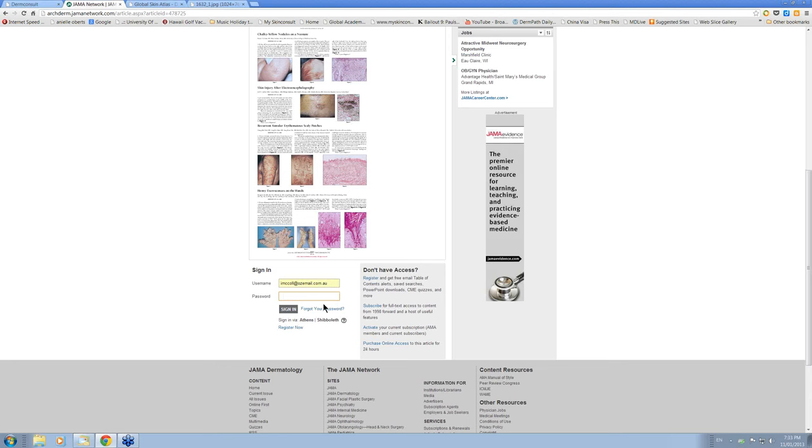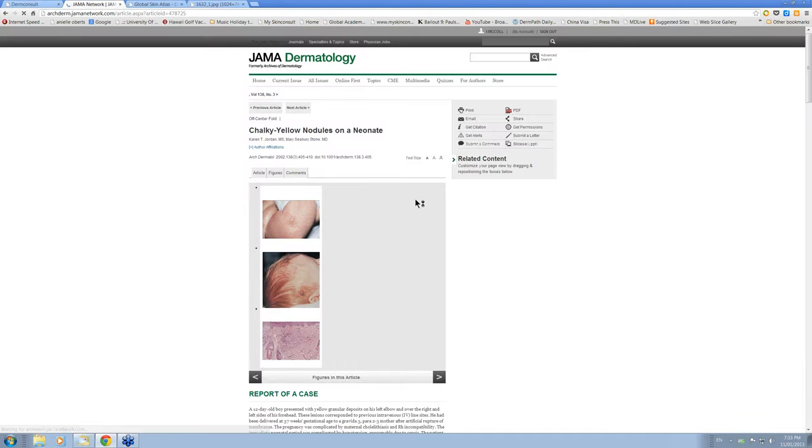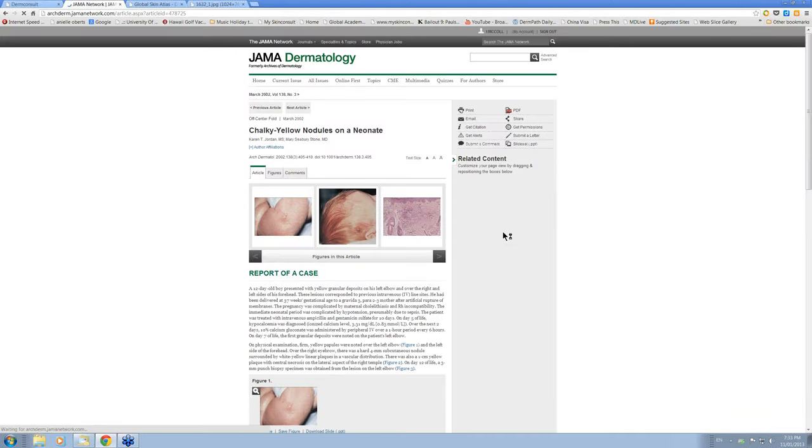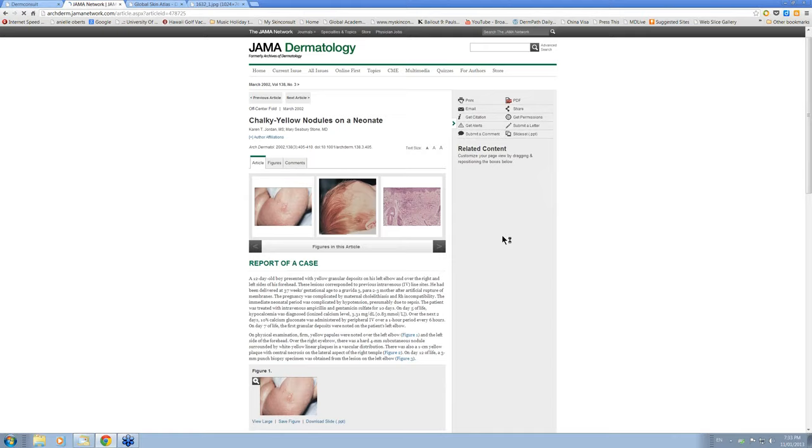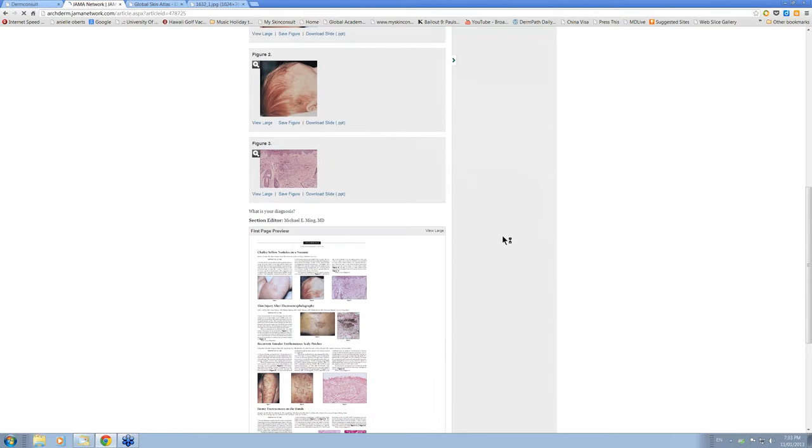And what's the password? Try that one. The off-center fold can be quite useful at times. I used to have good links to it, but they went and changed the setup of it, and it made life much more difficult.